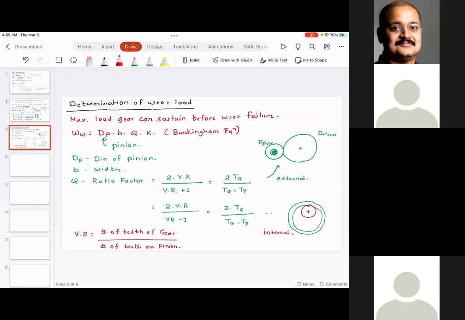Now, how do you find out the value of K? To find value of K, there are two techniques that you can use.